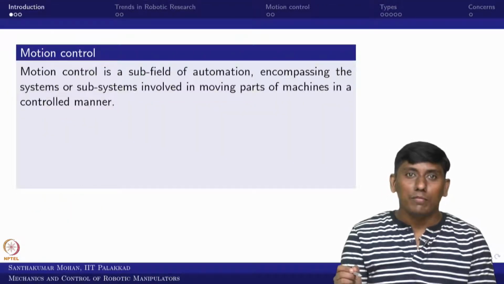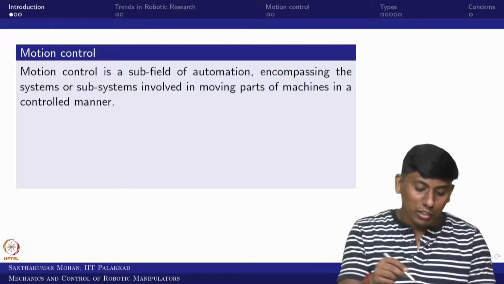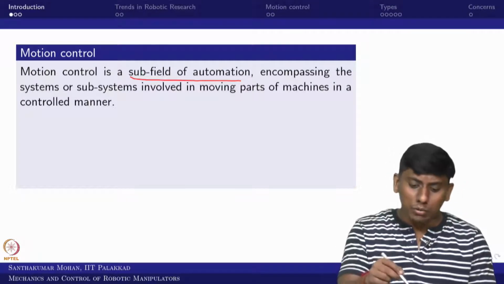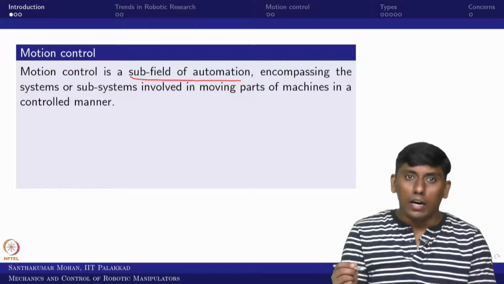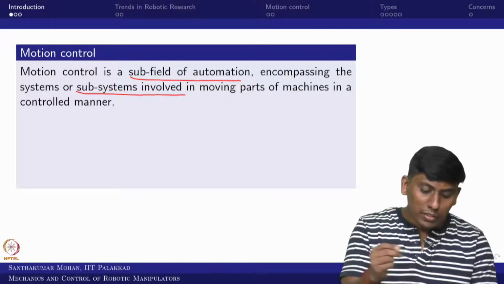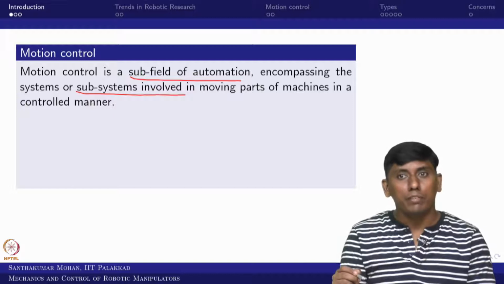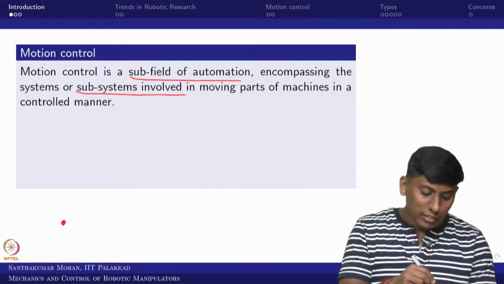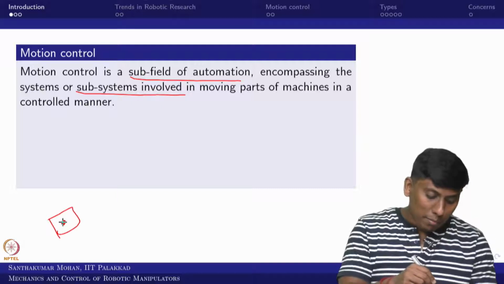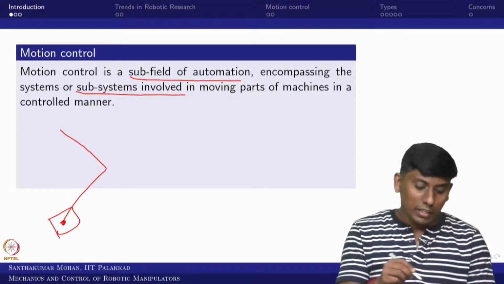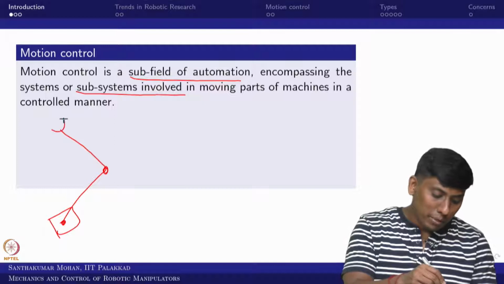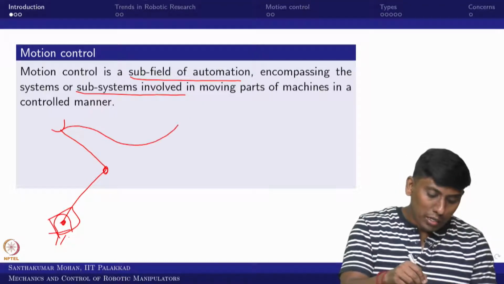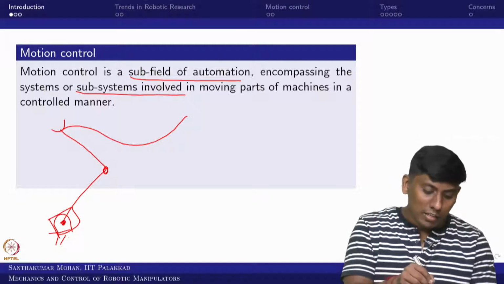So first of all, what is motion control? Motion control is a field of automation encompassing the systems or subsystems involved in moving parts of a machine in a controlled manner. For example, assume this is a serial manipulator which is fixed, and I want to move this manipulator in this manner.